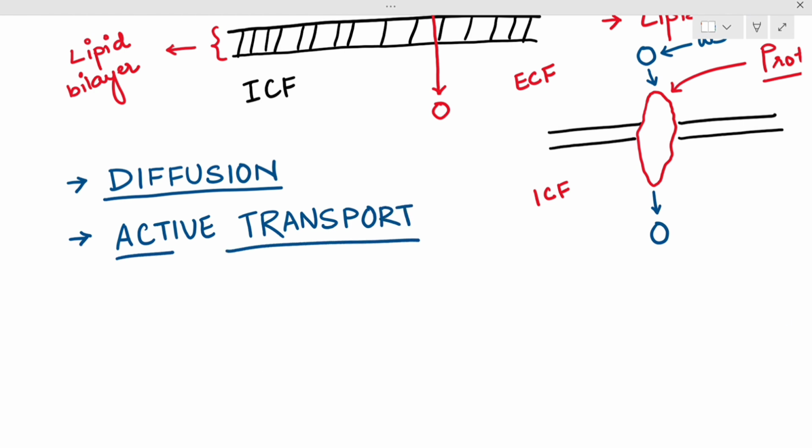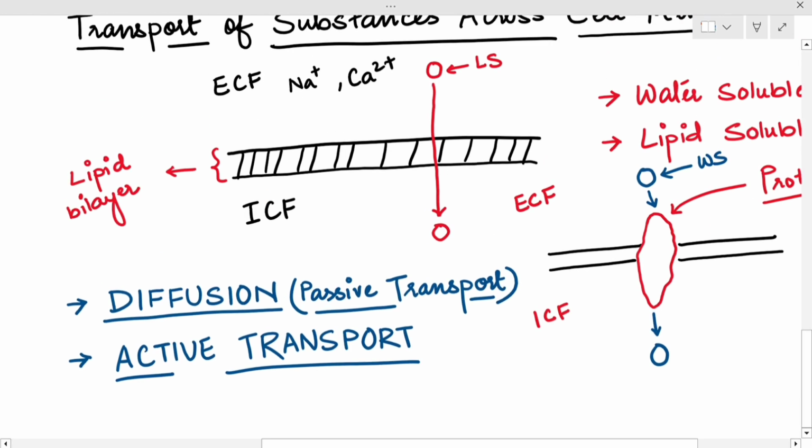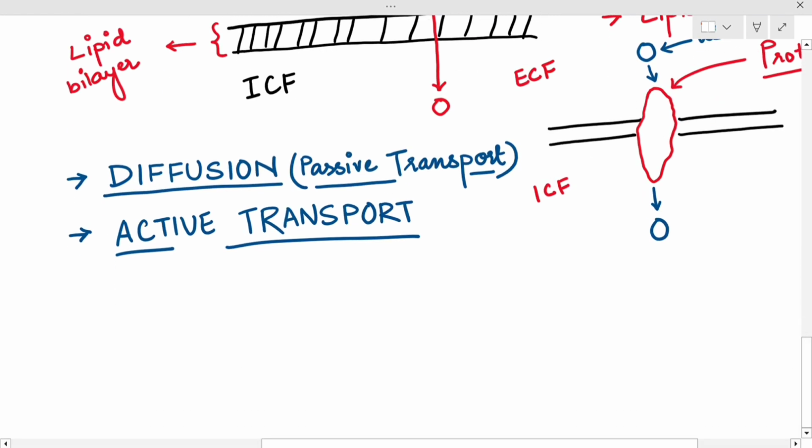Diffusion is a passive transport. So what's the difference between active and passive transport? When the transfer takes place from the extracellular fluid to the intracellular fluid, no expenditure of energy is required. But in active transport, energy is required, and that energy we get from ATP. Active transport we will discuss in a separate part. So starting with diffusion first.